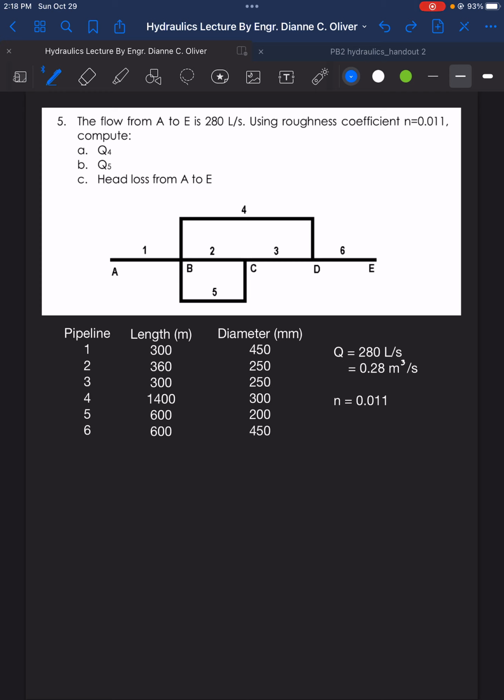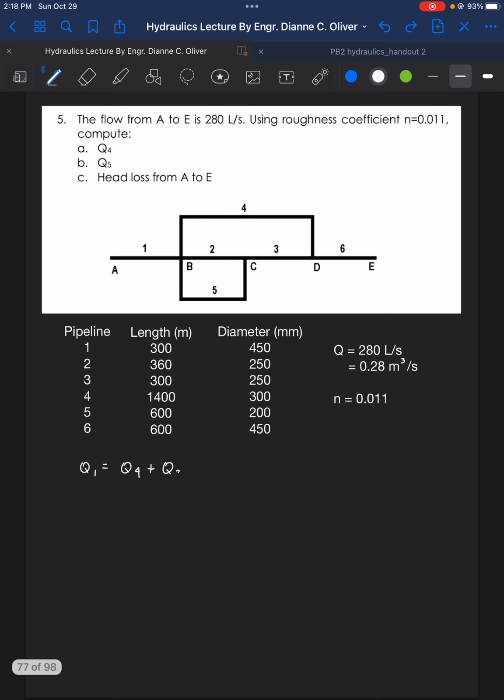So find the value for Q4 first. We can derive different equations from this setup. So let's start with the flow rate, the discharge. For the flow rate 1, the discharge at 1 is equal to the discharge 4 plus the discharge at 5 plus 2. So 4 plus 2 plus 5 is equal to 1.